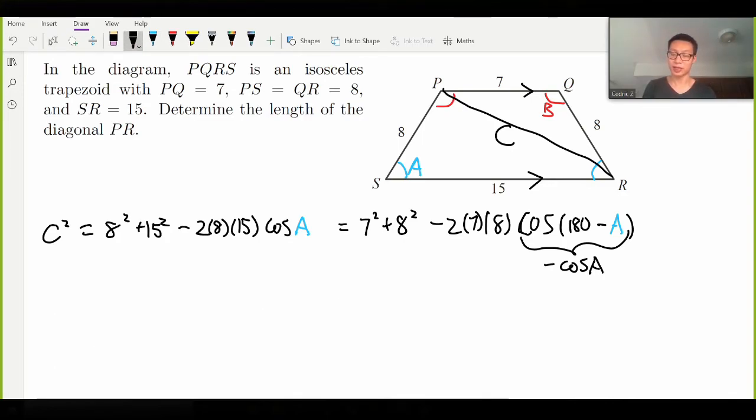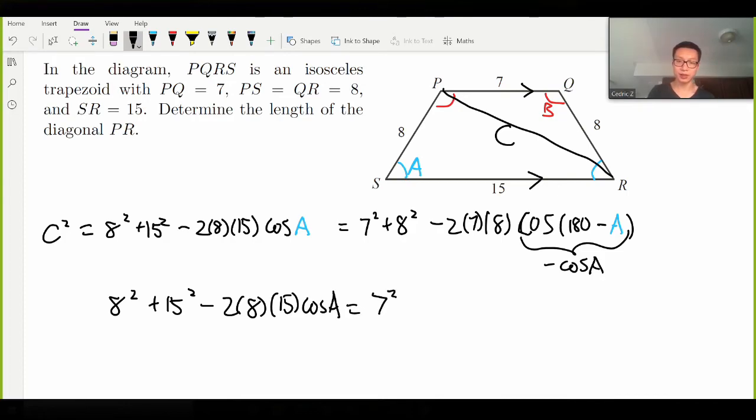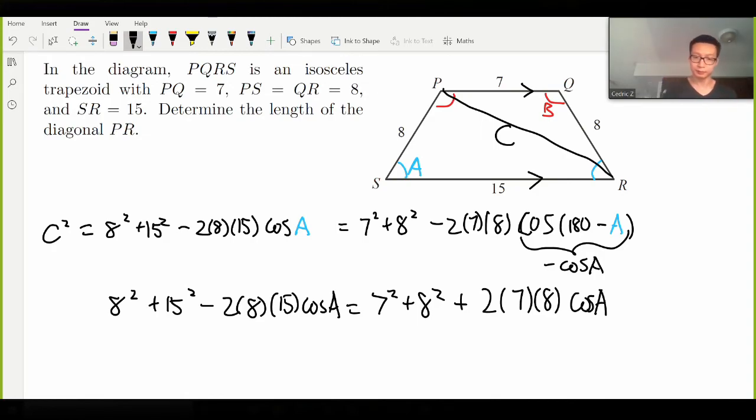So we can solve this as a linear equation. The left side is 8 squared plus 15 squared minus 2 times 8 times 15 cosine A. The right side is 7 squared plus 8 squared, and since I replaced this with negative cosine A, this becomes plus 2 times 7 times 8 cosine A, after I take care of the negatives.